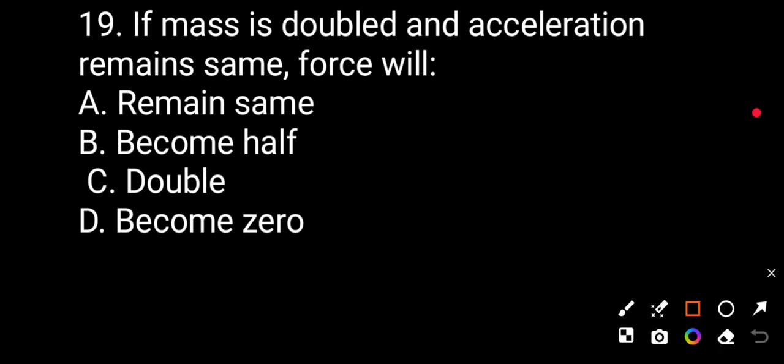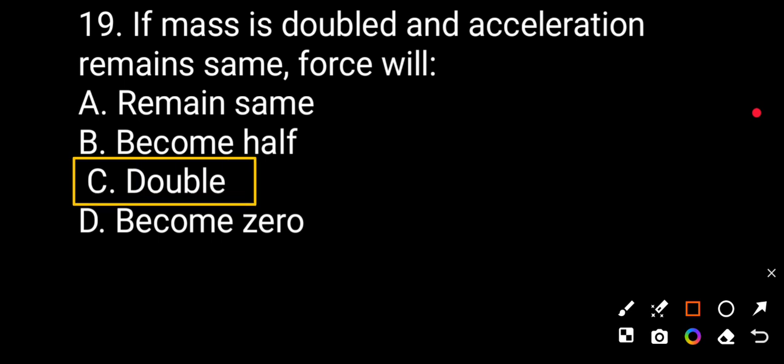Question number 19. If mass is doubled and acceleration remains same, force will be: remains same, become half, become double, becomes zero. Correct answer will be C.